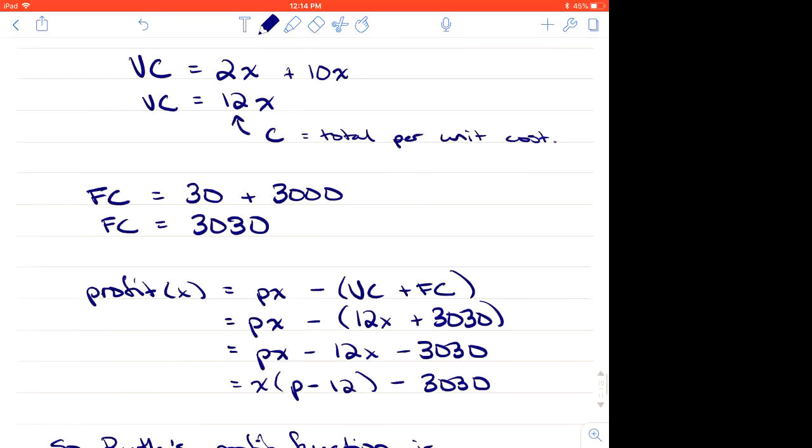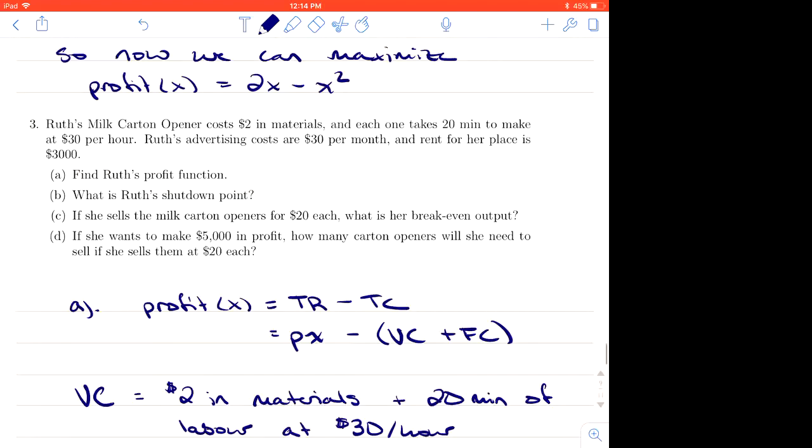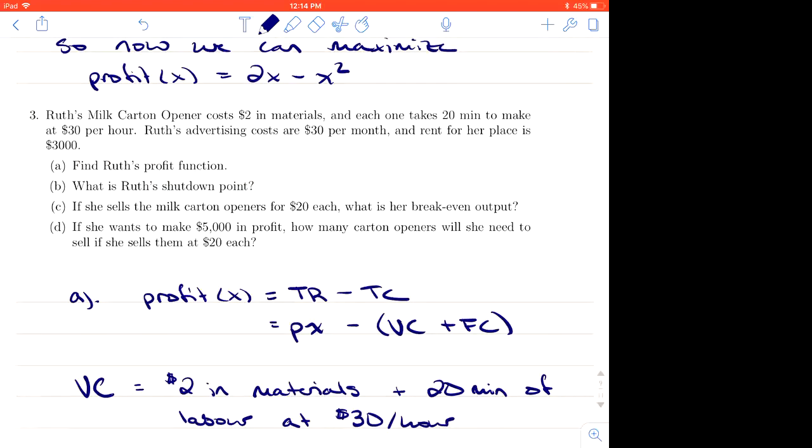Part B. What is Ruth's shutdown point? This means we have to remember what the shutdown point is. The shutdown point is when the price that we can charge per item is actually less than the cost to produce each item.